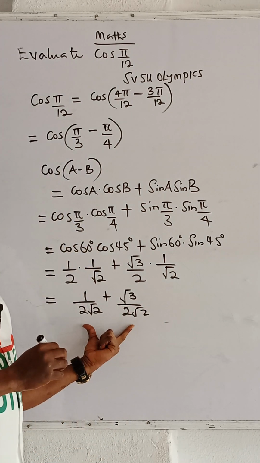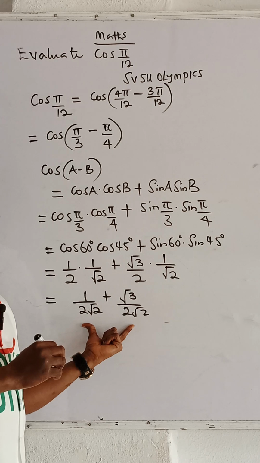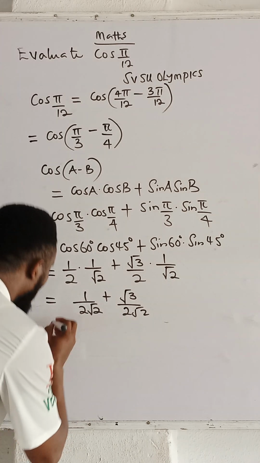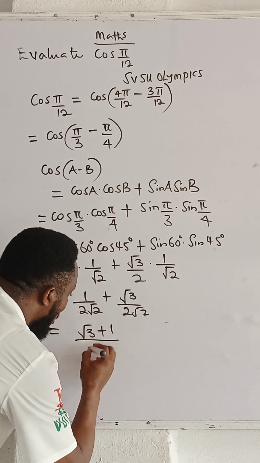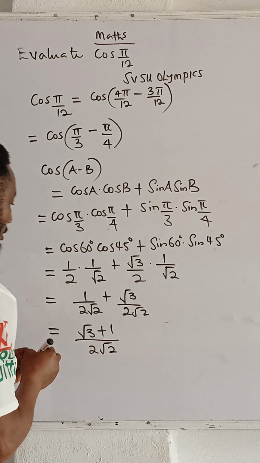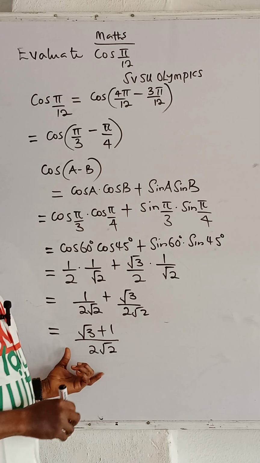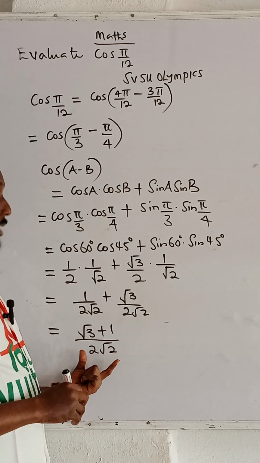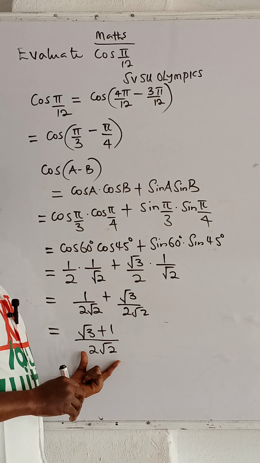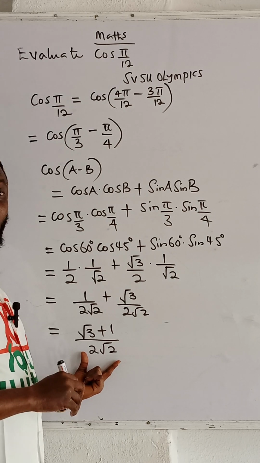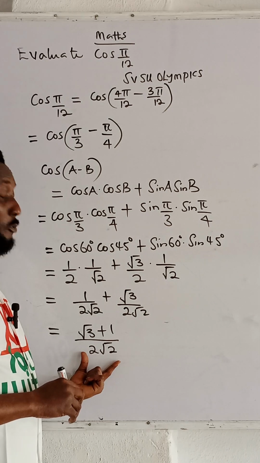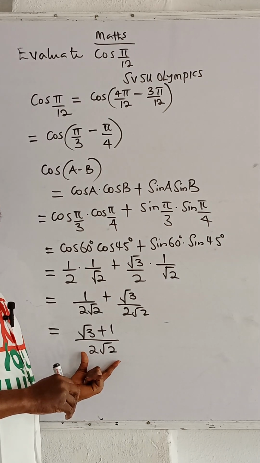So as you can see, these fractions have the same denominators. We can simply add their numerators. So at this level, we've done very well. But in the world of surds, if you have a fraction with a surd in the denominator, you need to rationalize that surd.